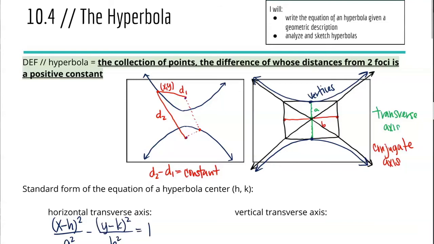So it's similar to the equation of an ellipse, except that it has a subtraction, a difference instead of a sum. Okay. If it's a vertical transverse axis, then the y stuff will come first, and that will be over a squared, and then the x stuff, so x minus h squared over b squared. Okay. In an ellipse, it doesn't really matter which one comes first because you're adding them, but with hyperbolas it does matter because the first term is positive and then the second term is negative.